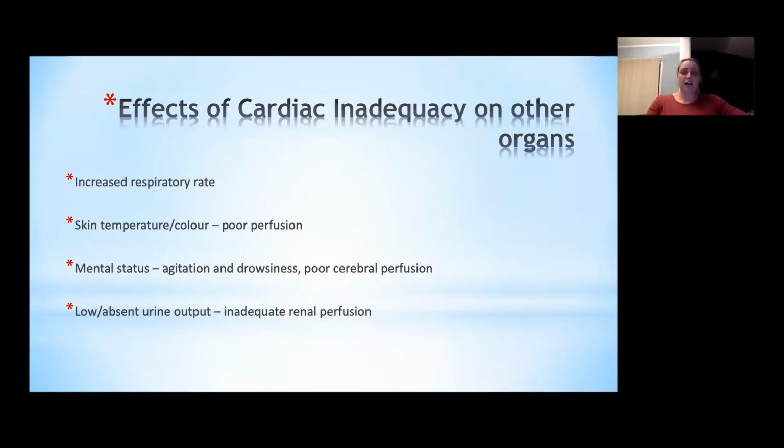They'll eventually start getting quite agitated and drowsy if their cardiac output is really affected, because they'll stop perfusing so well to their brain. So you'll start to see agitation, and they'll be quite lethargic. One of the other things they'll do is drop their urine output. Their kidneys will be one of the first things to stop working to help compensate. Kidneys and gastric, so they'll also stop digesting.